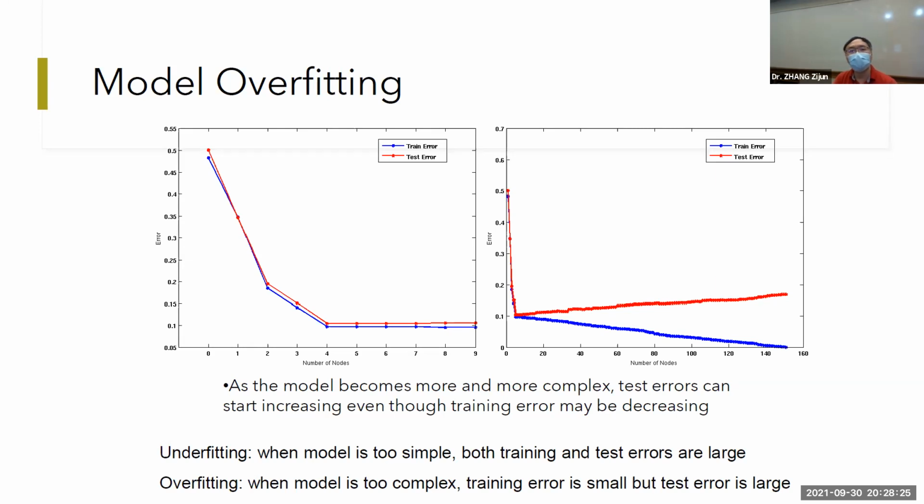And you might raise a question: Professor, what if I apply the model and spend a great deal of effort to train it with whatever complicated structure on the data I have, but I still get both training and test errors large?